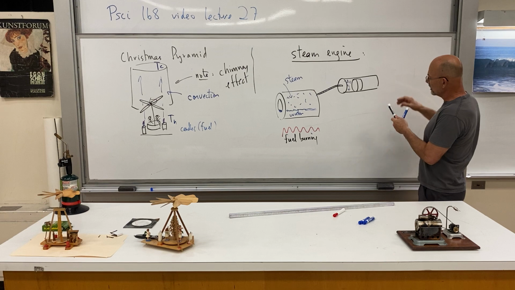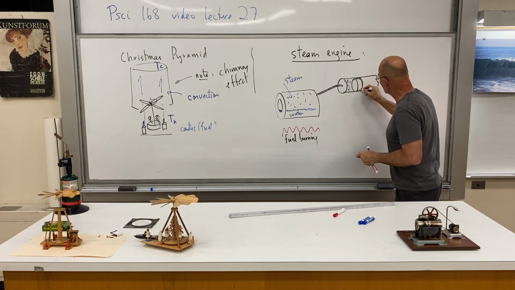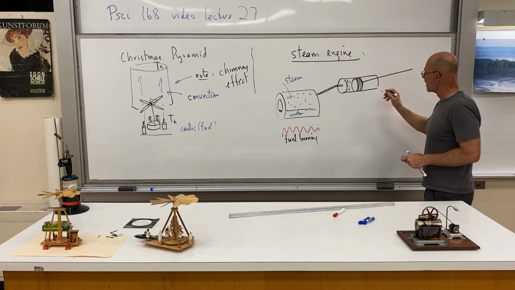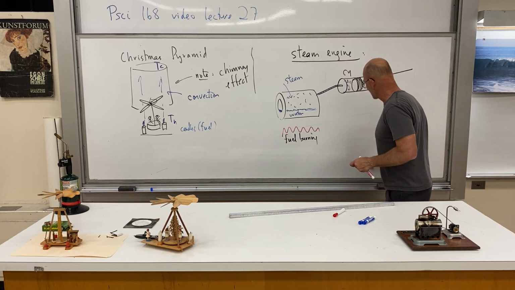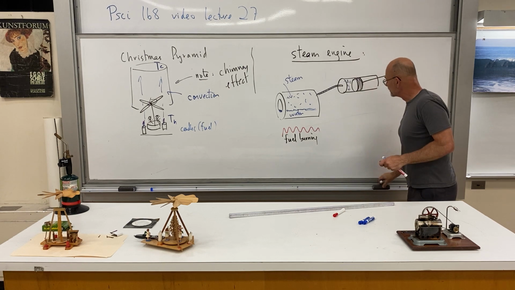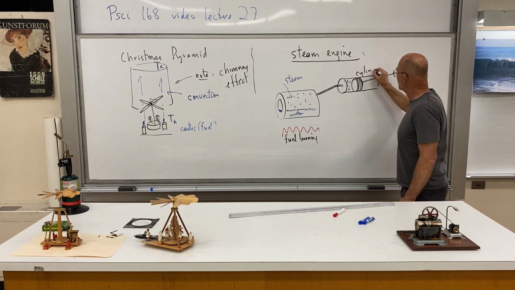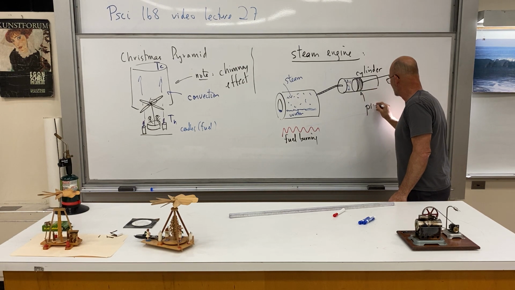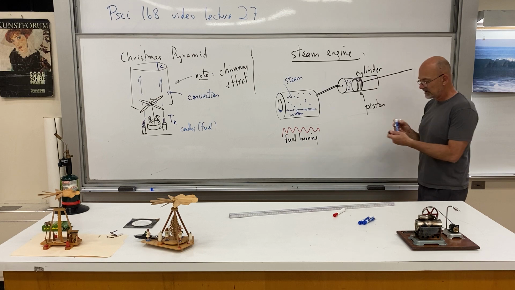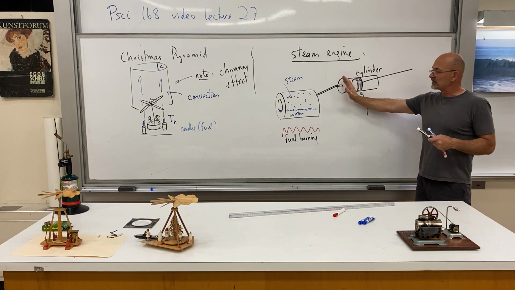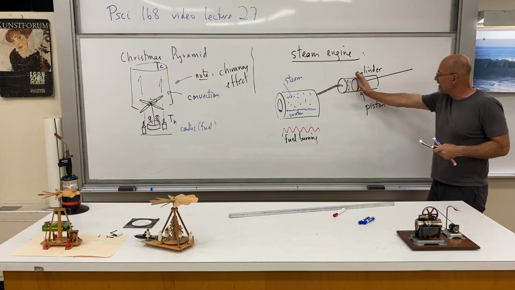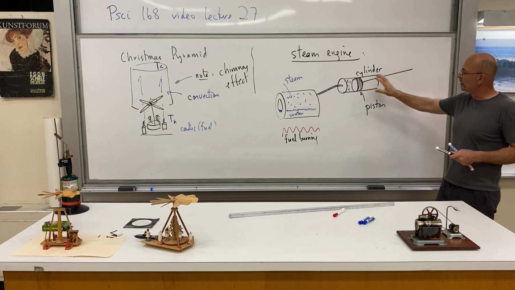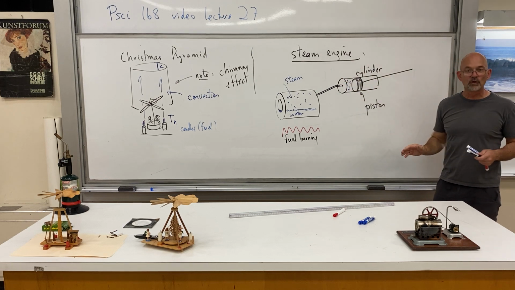So there's a cylinder, and we've got a piston here that fits in, and the piston has a connecting rod. So cylinder, again, I'll leave a little room here, I'll show you why. So cylinder, and then there we have the piston, and we've got steam in there, and it's going to push the piston to the right in my picture, and that pushing is a force times a displacement, there's the work, okay?